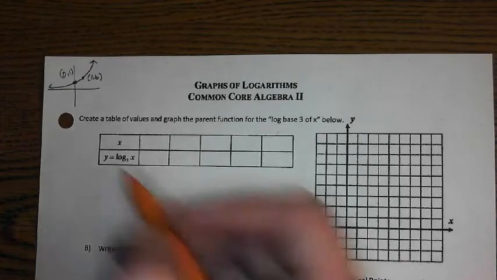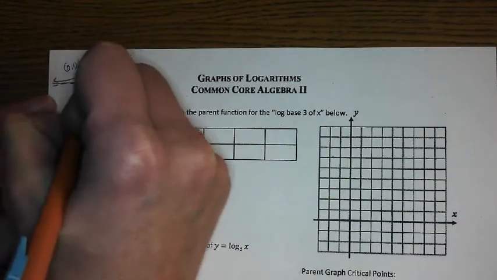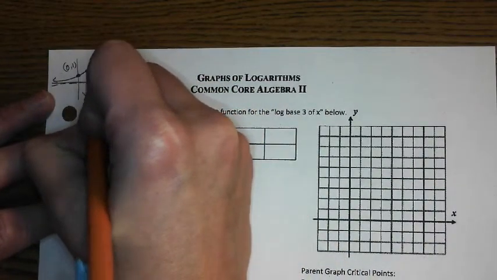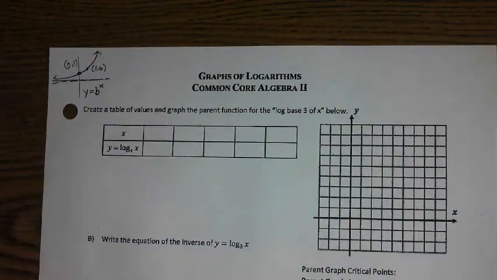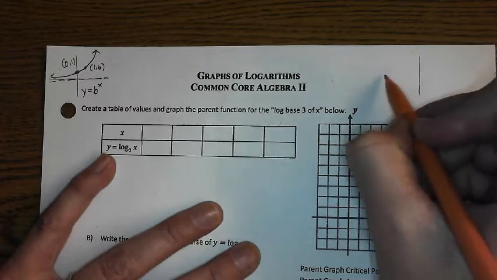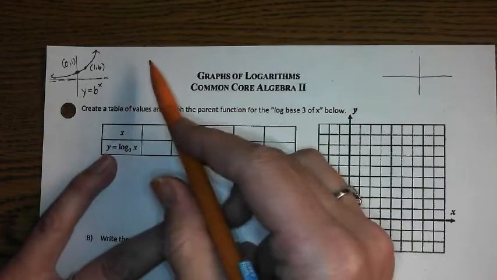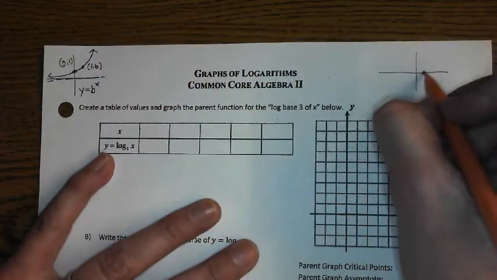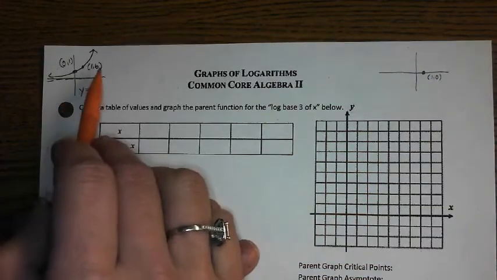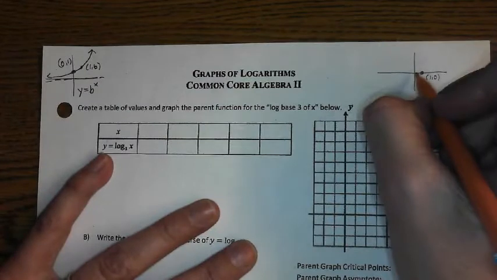So we have an asymptote here, and underneath this I'm just going to write y equals b to the x. The inverse of that doesn't have (0, 1), it has (1, 0). Doesn't have (1, b), it has (b, 1).